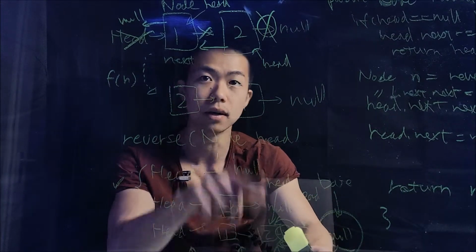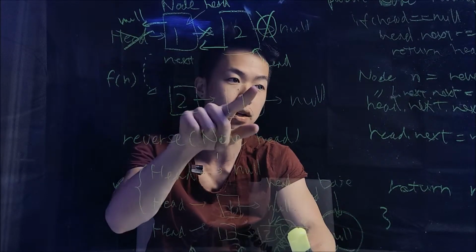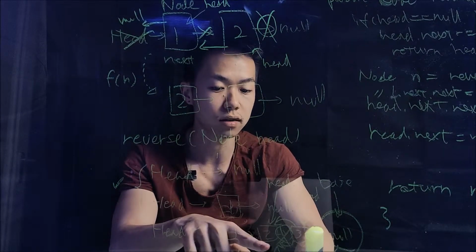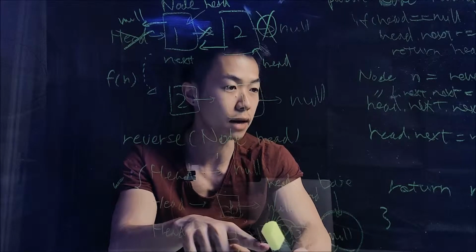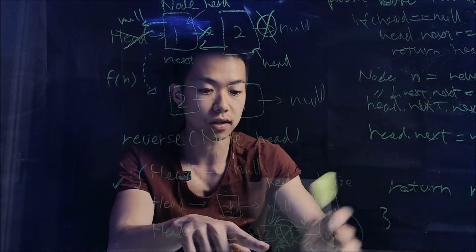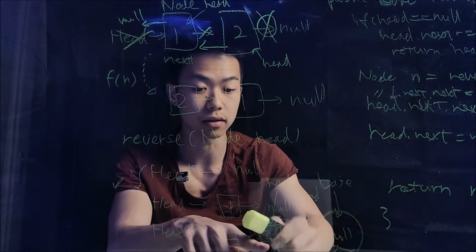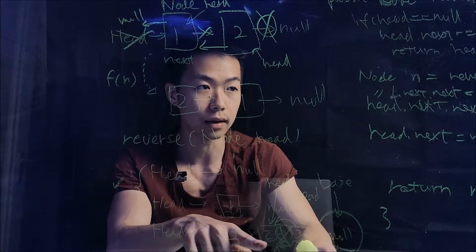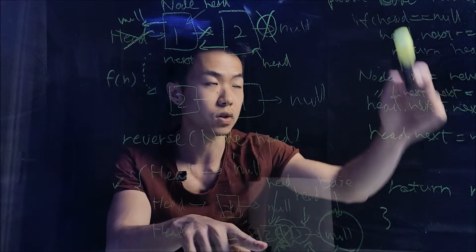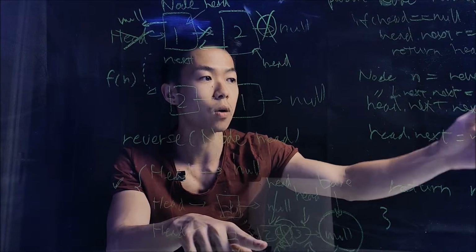Remember, this is a reversing angle here. So 2.next is pointing back to 2, and then 2.next used to point to 3, but it'll point to null right now, and then return 3, and then let's go back to the previous recursive call stack.